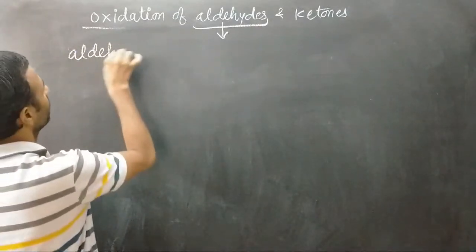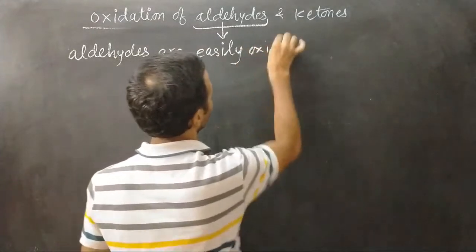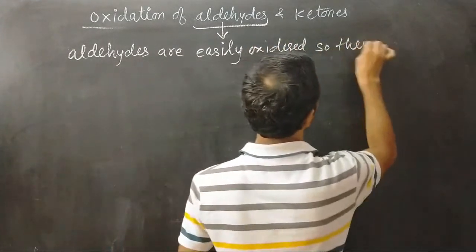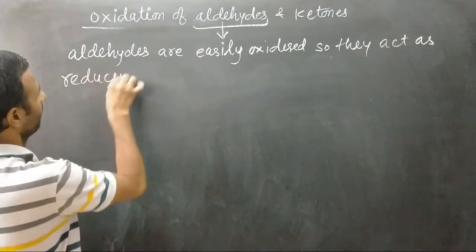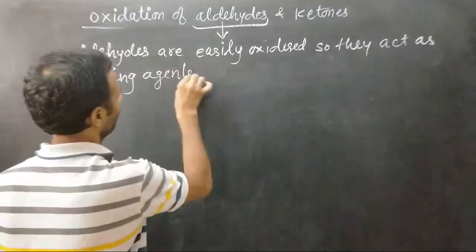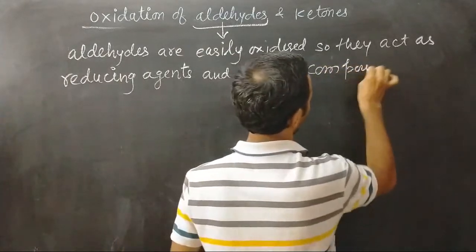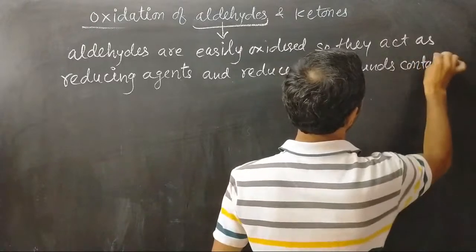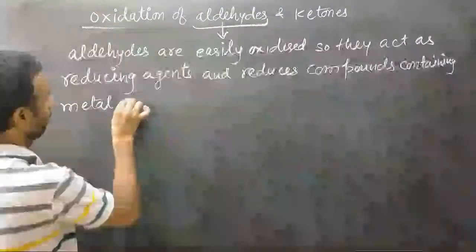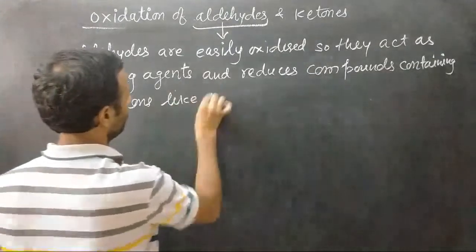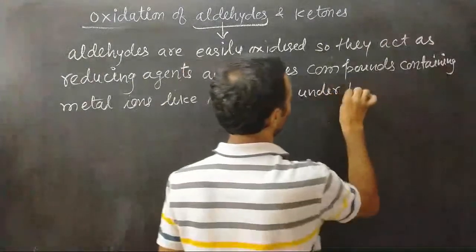Aldehydes are easily oxidized, so they act as reducing agents and reduce compounds containing metal ions like Ag+, Cu2+, etc., under basic conditions.